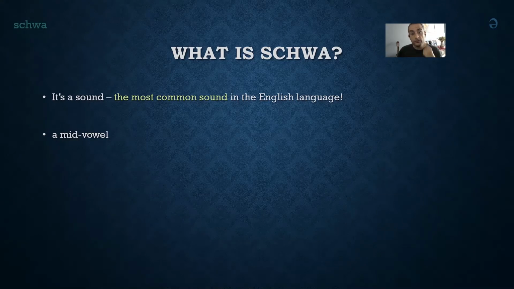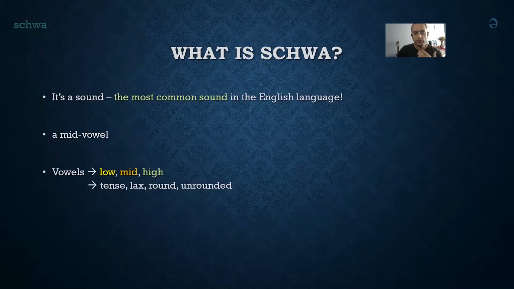We also look at the position of our tongue when we talk about vowels. When I say a mid vowel, mid as in middle, it means my tongue is just in the middle of my mouth. Not high, not low. It's just in the middle, and it's a very neutral position.